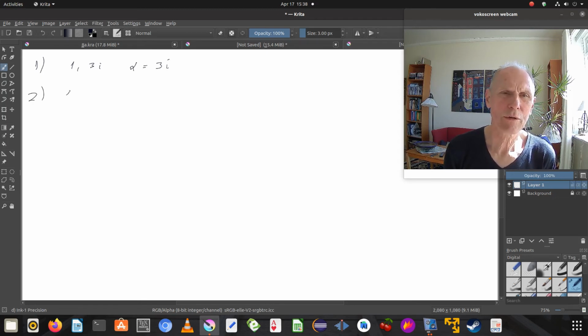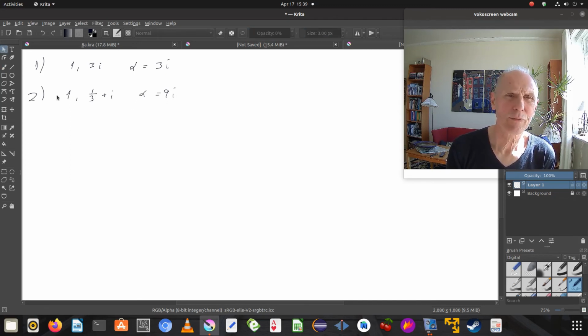The other one was if we take 1/3 plus the imaginary unit, then we need to take 9 times the imaginary unit. When we multiply this one by 9 we get 3 plus 9i, which lies in the lattice, and this times 9i also.